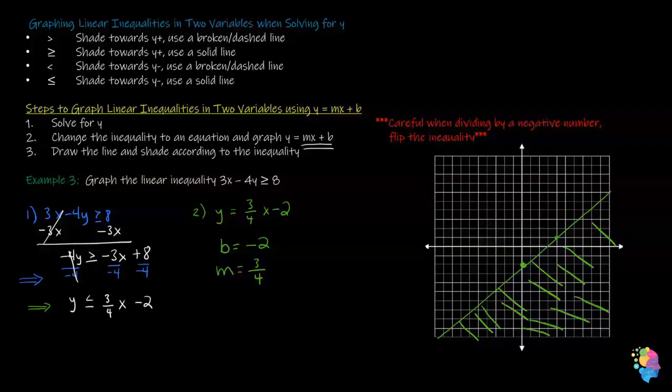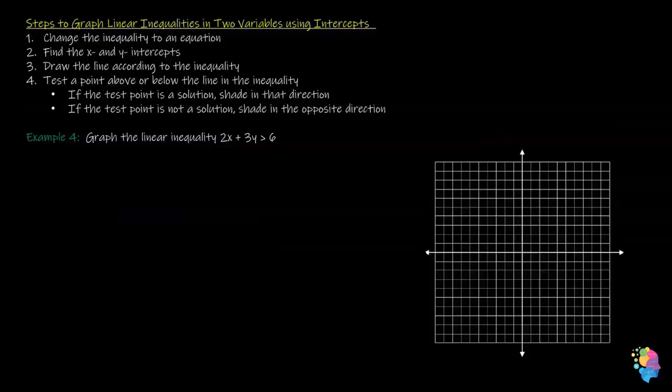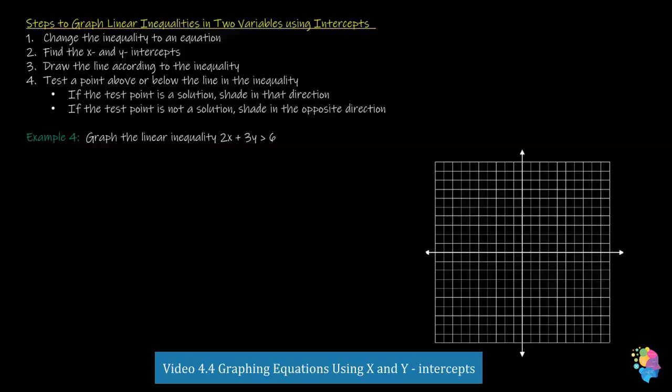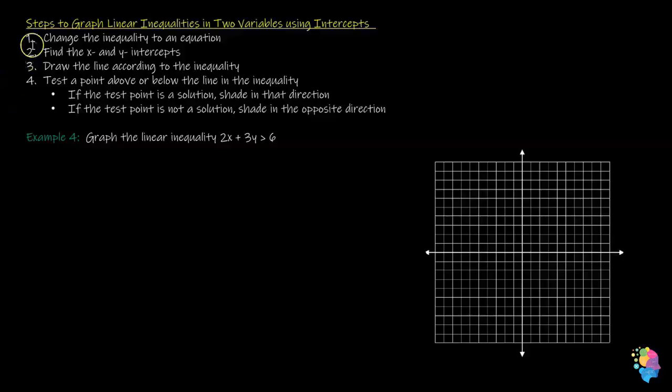Let's try another method. Let's say that solving for y is not something that you particularly like, but you remember about x and y intercept when you were graphing equations. So then the steps that we're going to take when graphing linear inequalities in two variables using intercepts will be the following. First, we're going to change the inequality to an equation.